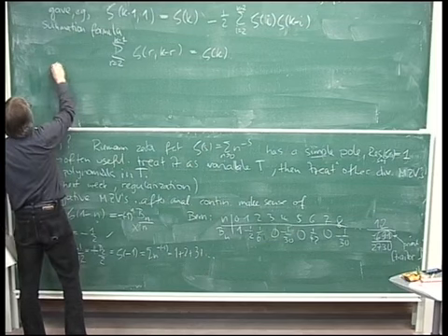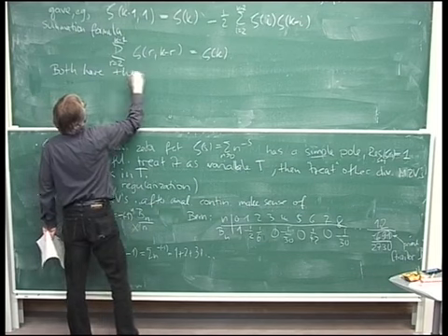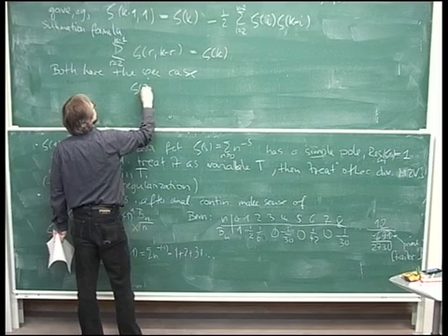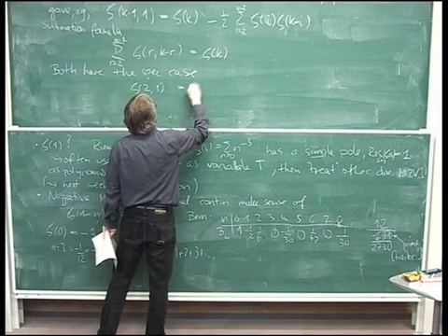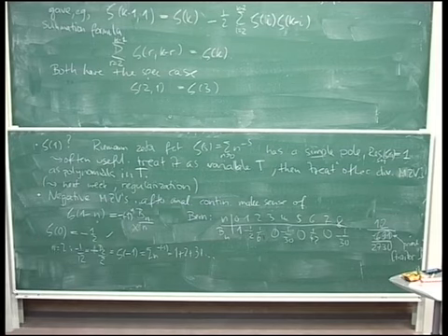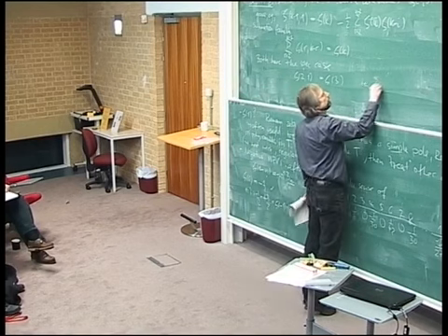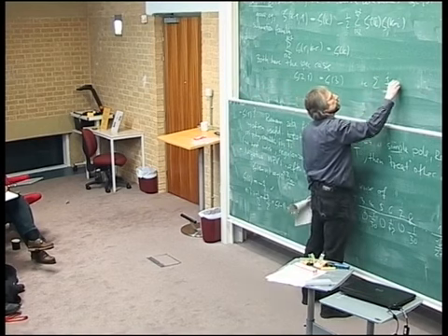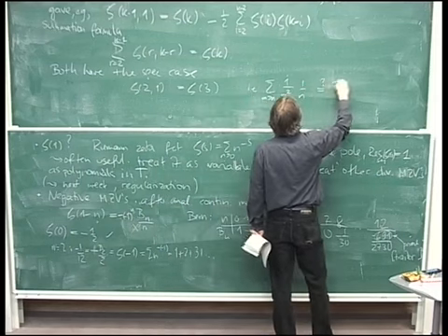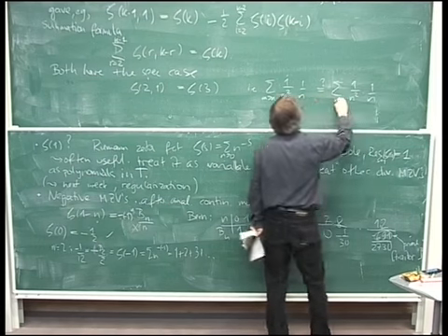And both of these have the special case that zeta of 2, 1 is zeta of 3. So that means the sum of 1 over n squared, 1 over m, where n is greater than m, is supposed to be the same as the sum over 1 over n cubed.